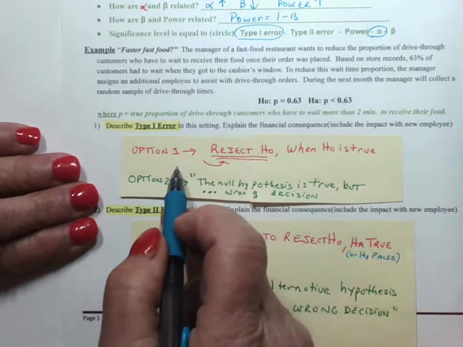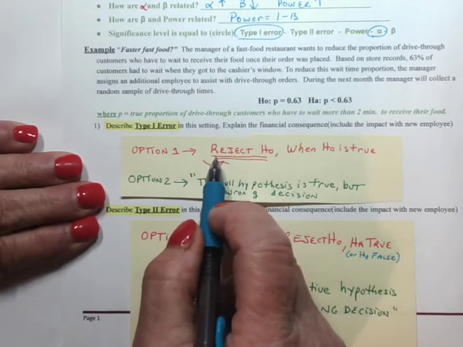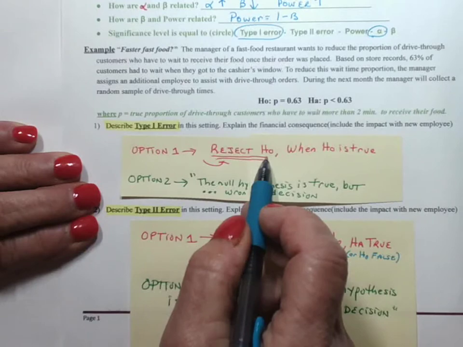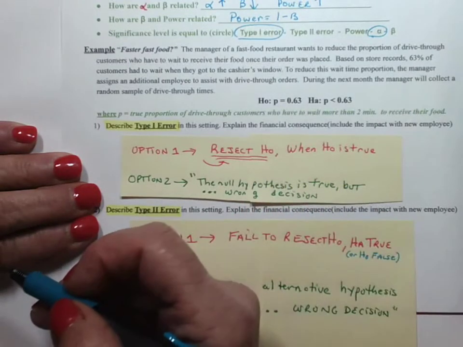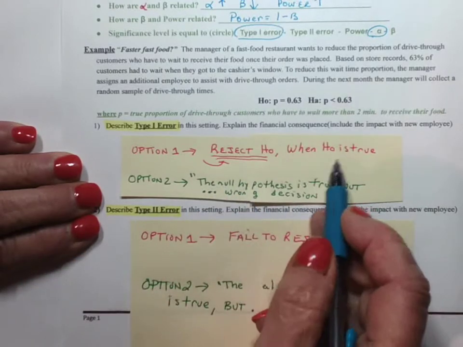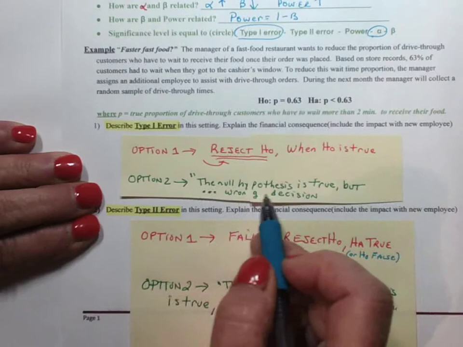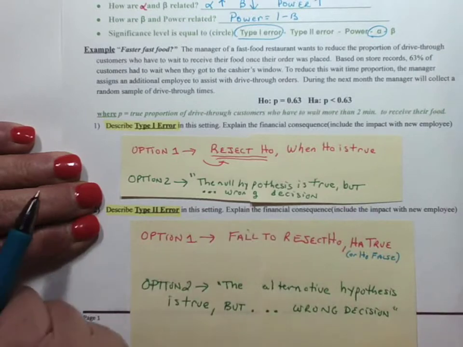For a type 1 error, one option is say, okay, we rejected the null hypothesis when the null hypothesis is true. Or some people like to do it the opposite. The null hypothesis is true, but we made the wrong decision. Okay? Well, you're just swapping those two. Whichever works for you.